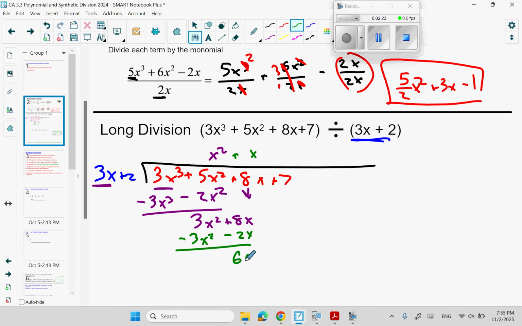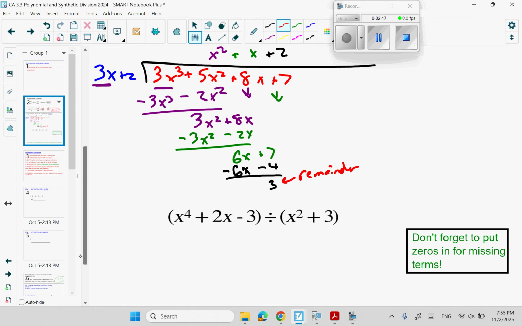I get 6x, drop down the 7, and keep going. x times 2 gives me 2x, so, 3x times 2 gives me 6x, so I get 6x plus 4, minus, minus. I end up with 3. Nothing times 3x gives me 3. Well, I guess 1 over x, nothing nice. So this is my remainder.